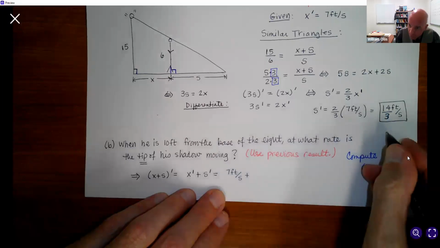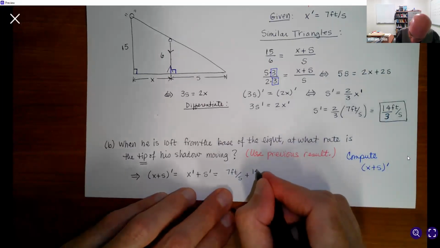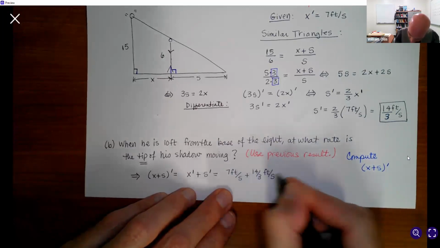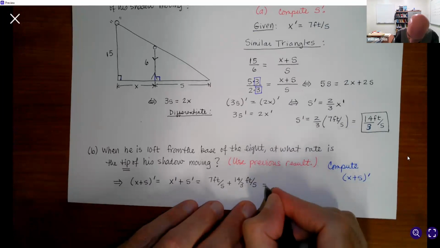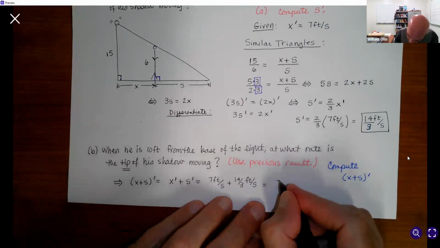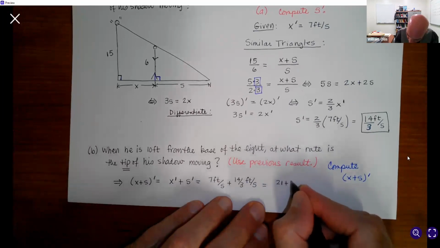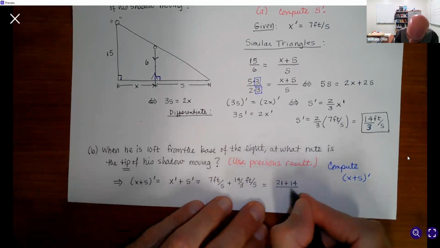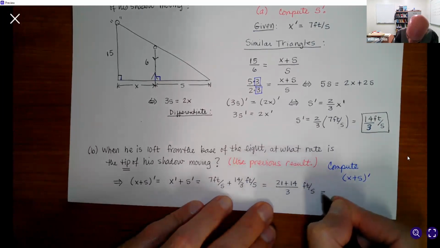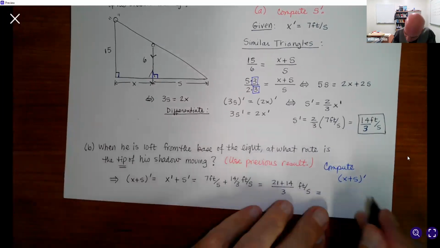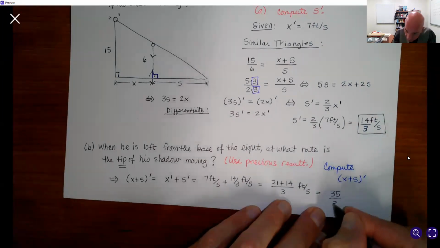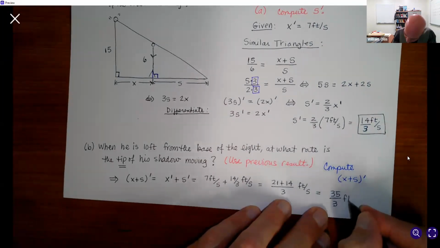And we just computed s prime, which is 14/3 feet per second. It's so simple, again, deceiving. So now we'll just get a common denominator of 3. So we have 21 plus 14 over 3 feet per second. And of course, that's 35 over 3 feet per second.